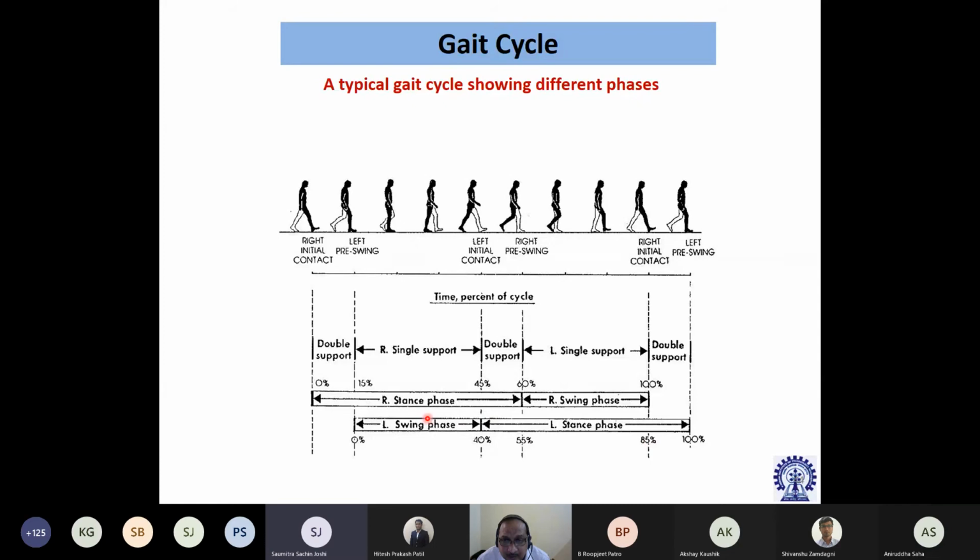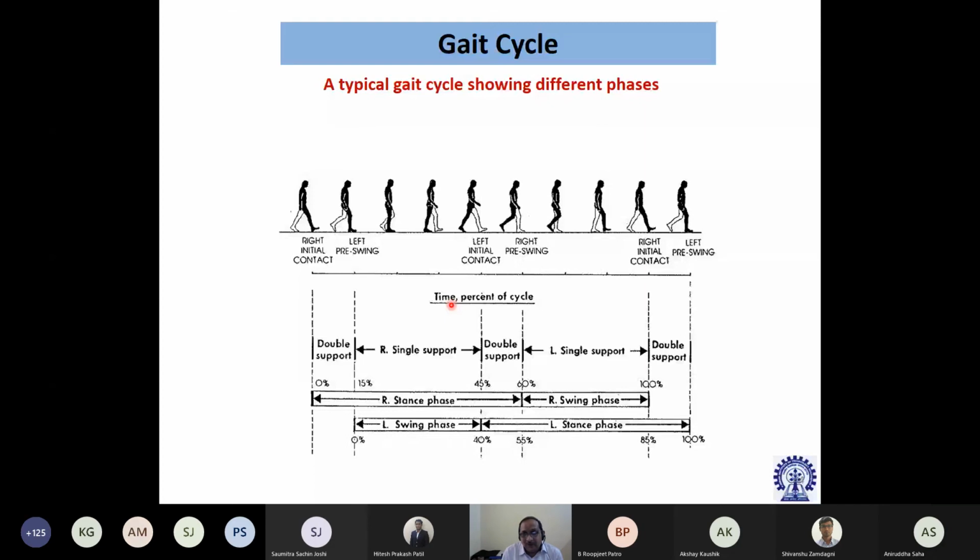Sir, this is where the problem is arising. Sir, 30% of the right cycle is equal to 40% of the left cycle, if we look at the margins, the lines, correctly, if they coincide. Yeah, that is something which needs a little bit more attention.